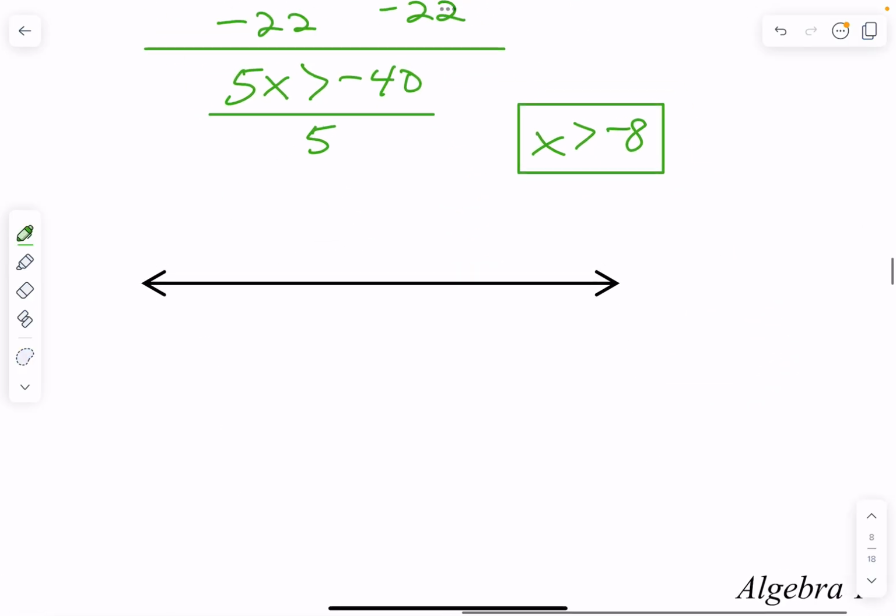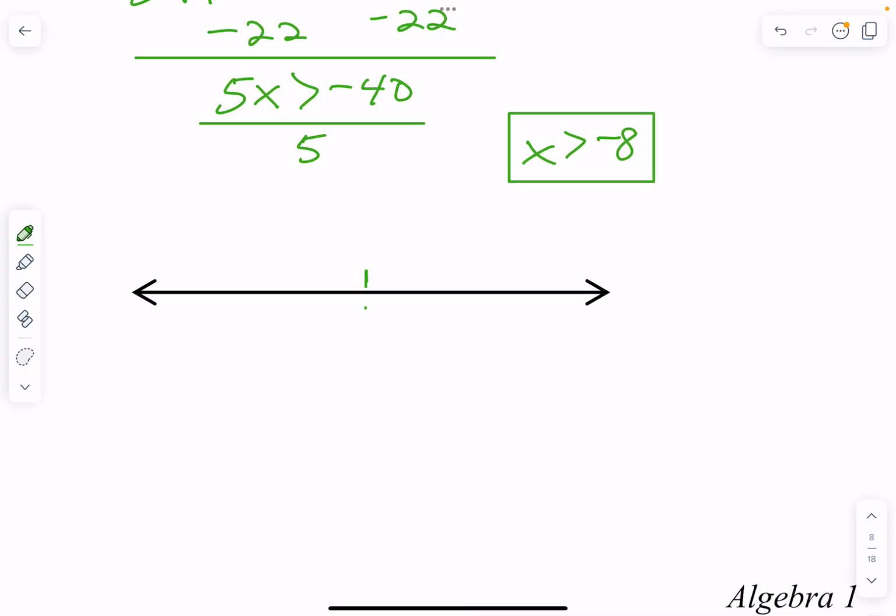And graph. Negative 8 goes on my number line. And it's an open circle. Something's going on with my pen. Open circle, shaded to the right.